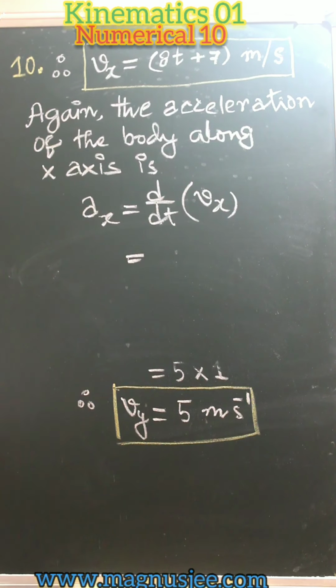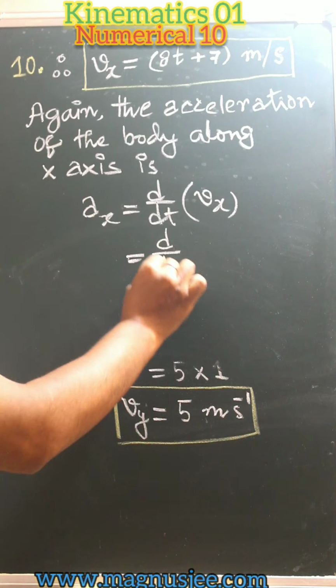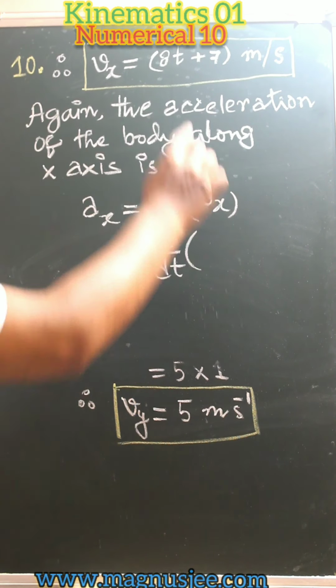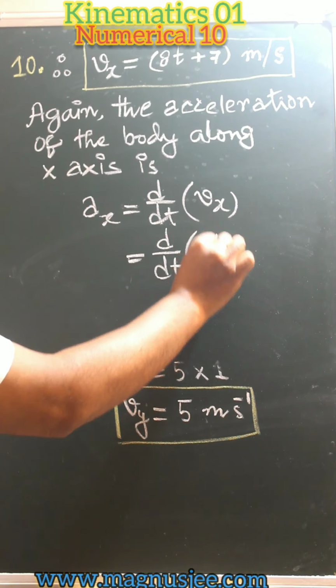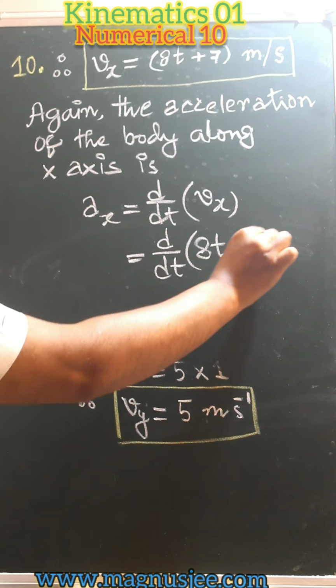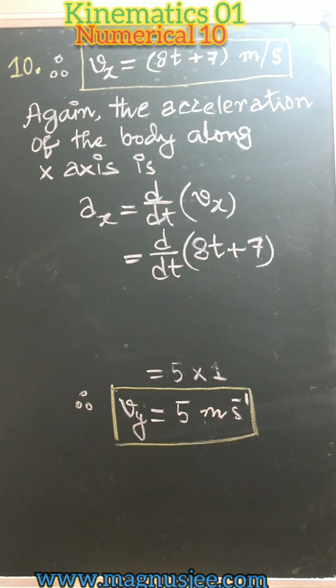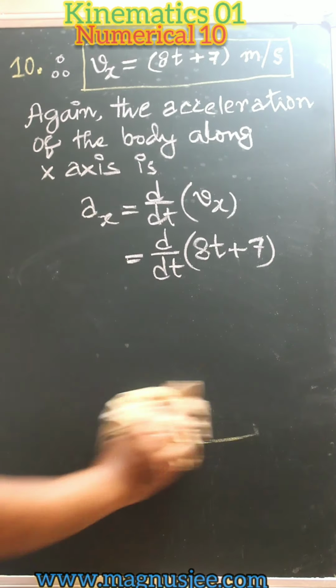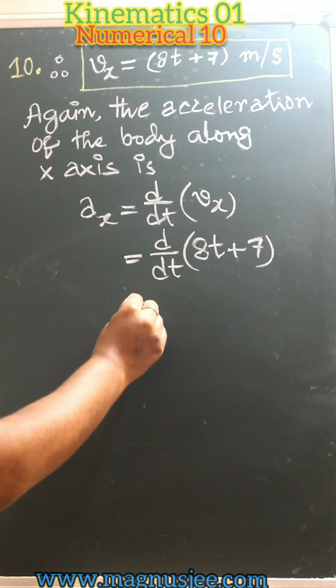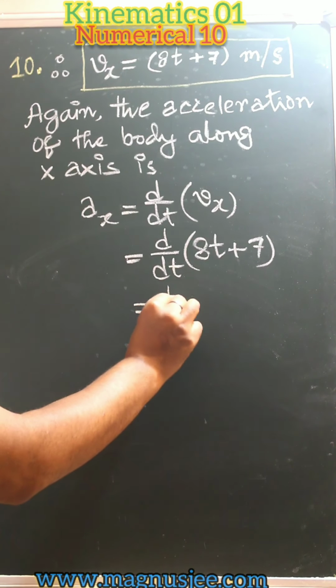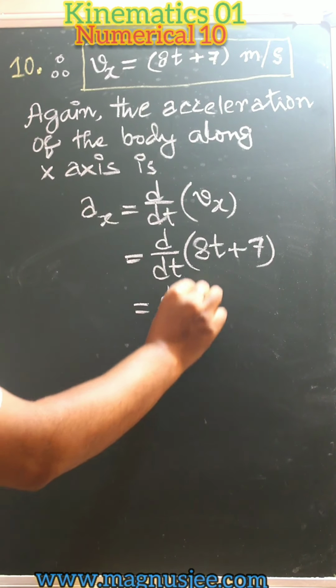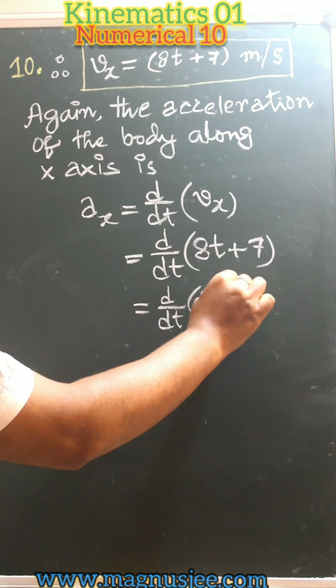Now putting the expression of Vx, which is 8t plus 7. Now operating d by dt over 8t and 7, so d by dt of 8t plus d by dt of 7.